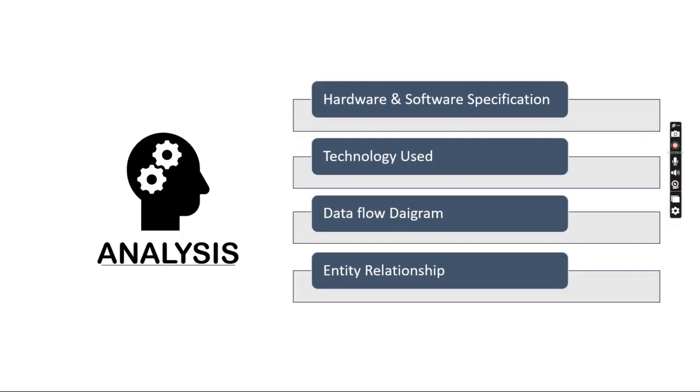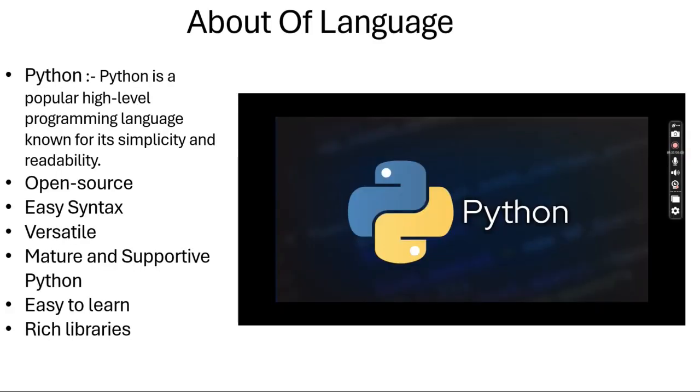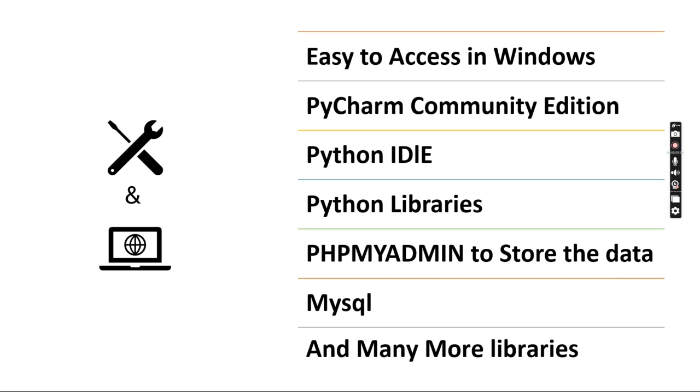System analysis contains four parts: hardware and software specification, technology used, data flow diagram, which helps us understand our project better, and entity relationship. Python is the language used to make this project better and easier for everyone to understand. This is information to understand Python better.